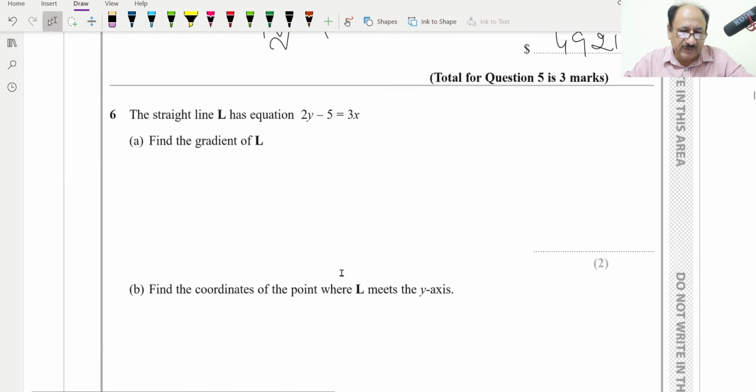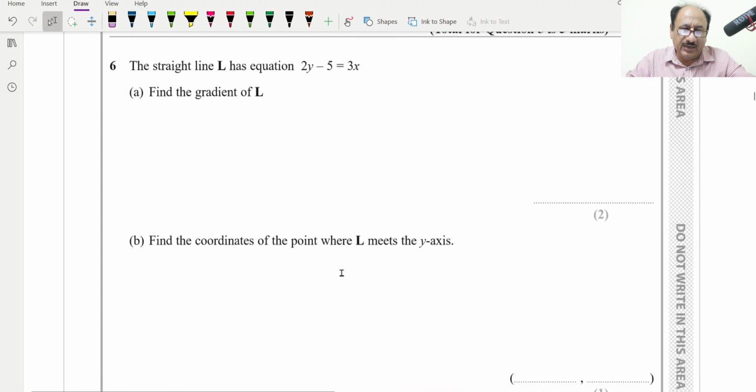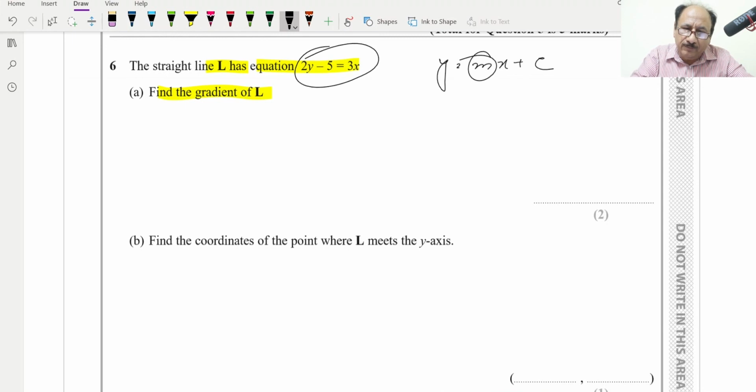Now question number 6: straight line L has this equation. Find the gradient of this line. So we will write it in y is equal to mx plus c format, and this m will be the gradient. So we'll change the format of the given line. We will shift the 5 first, so 2y is equal to 3x plus 5, and we divide everything by 2.